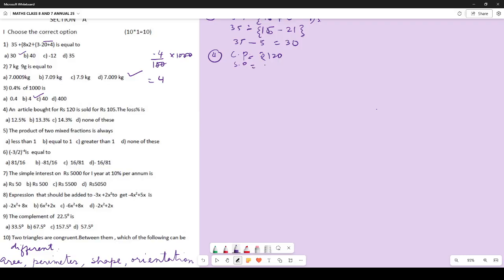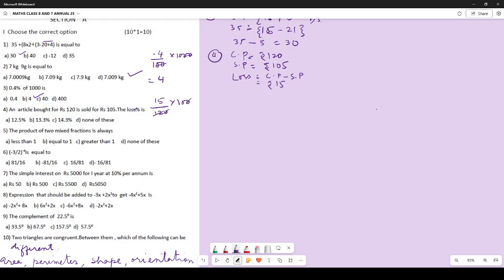SP is equal to rupees 105. So obviously there is a loss because the selling price is less. So loss is equal to CP minus SP. So loss is rupees 15. But what you have to find out? The loss percent. Loss percent is loss by CP into 100, right?